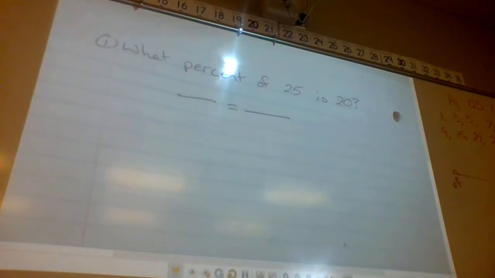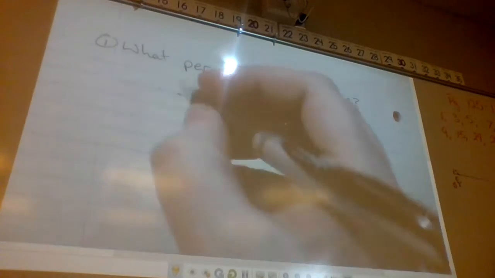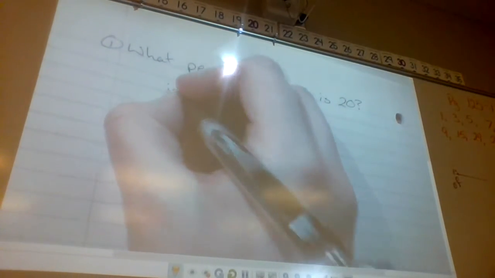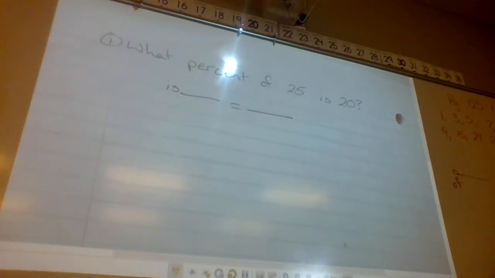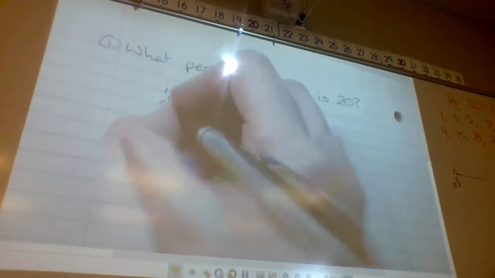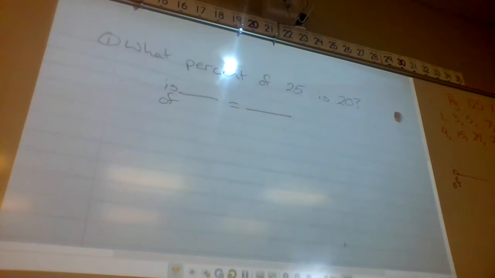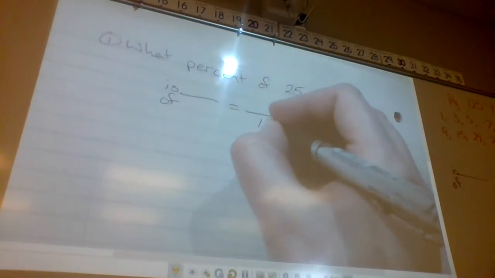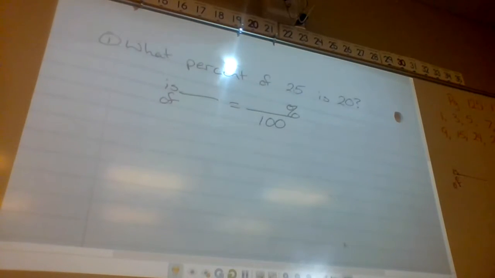That's the first thing I want to see. What goes on these lines? What does is go? What is top called? Numerator. What does of go? So what comes to the other side? Percent.